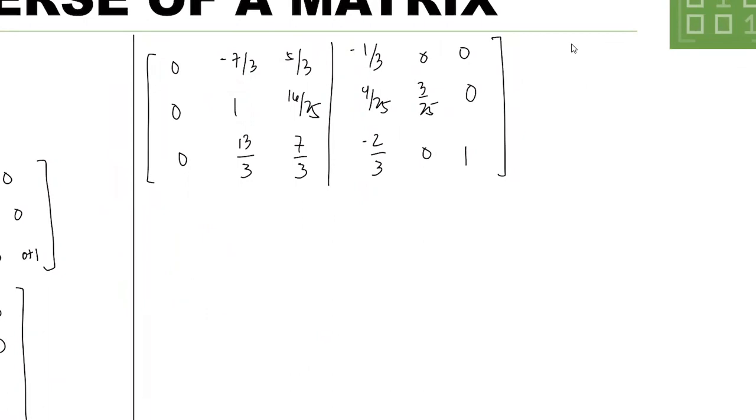So, para doon sa row 1, kailangan multiply natin siya ng 7 over 3 ng R2 natin plus R1 para sa bagong R1 natin. And then, para sa bagong R3 natin, kailangan minus natin siya ng 13 over 3 para maging 0. So, dapat minus 13 over 3 ng R2 plus R3 is equals to bagong R3 natin.